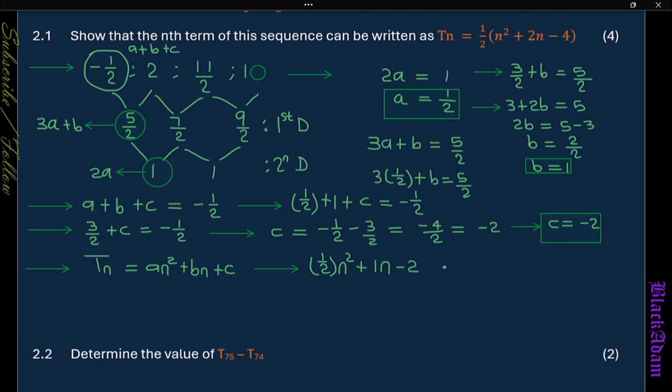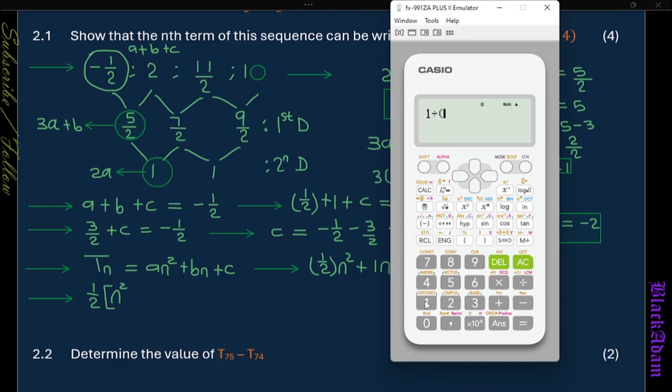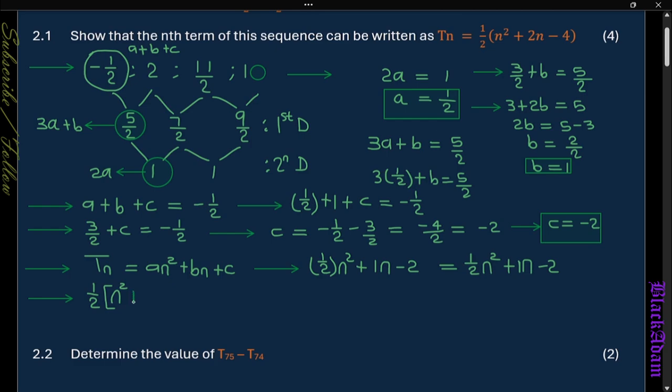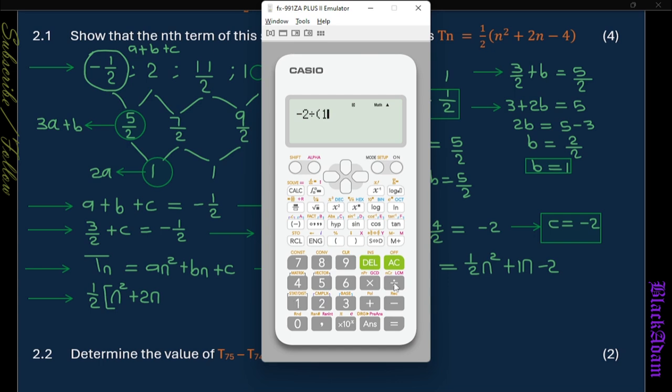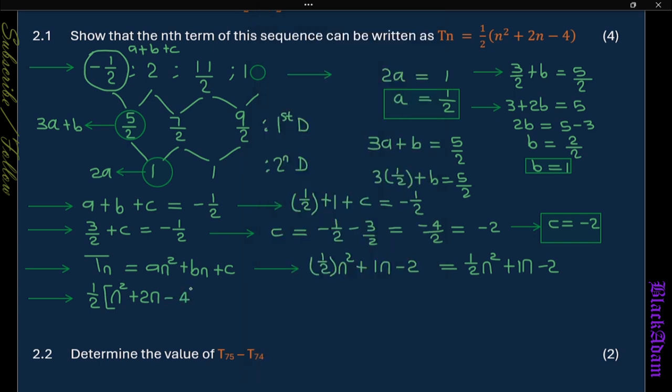So that is going to be half n squared plus n minus 2. So what we do, we factor out half. Half divided by half is 1, so we have n squared, and 1 divided by half is 2, so plus 2n. And then we have negative 2 divided by half, which is negative 4. So that's the equation there. We have proved it. That's our answer for 2.1.